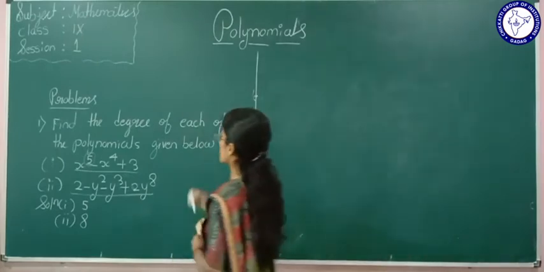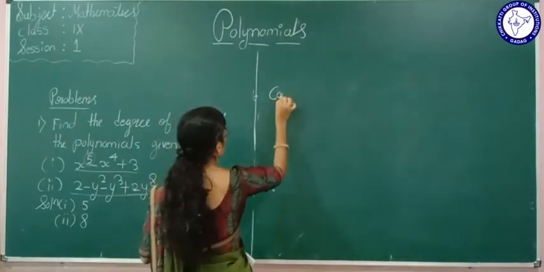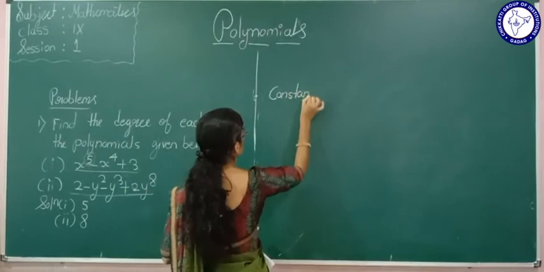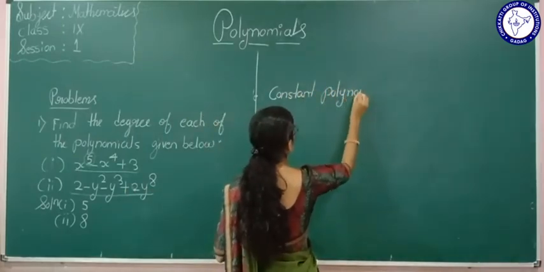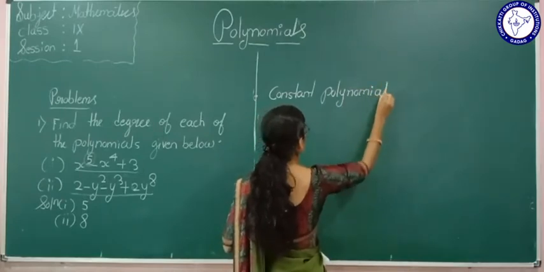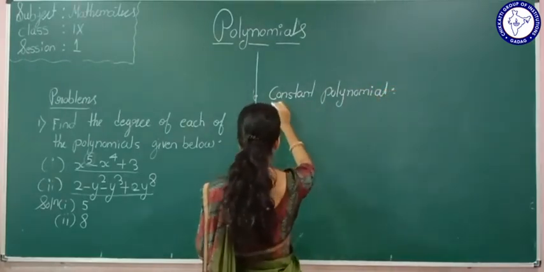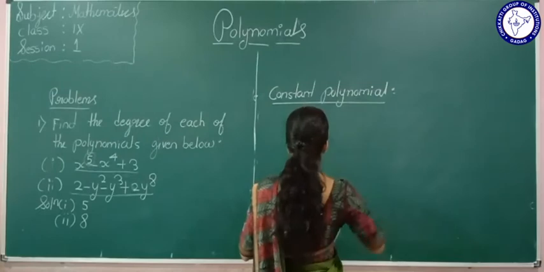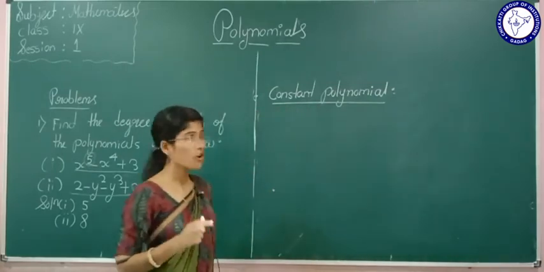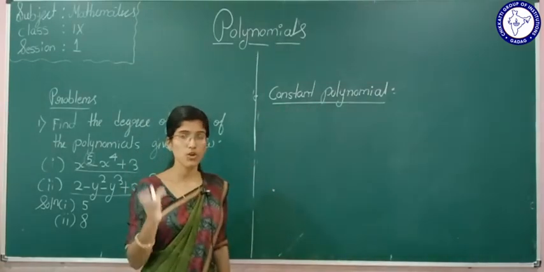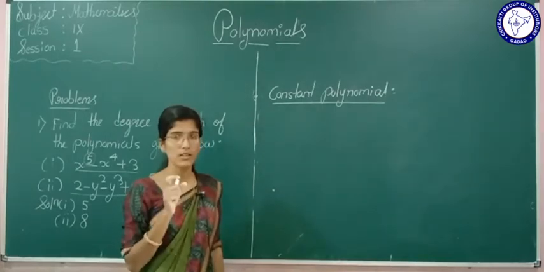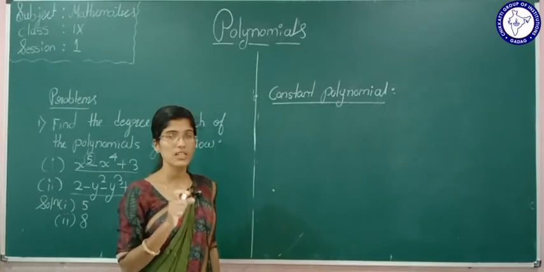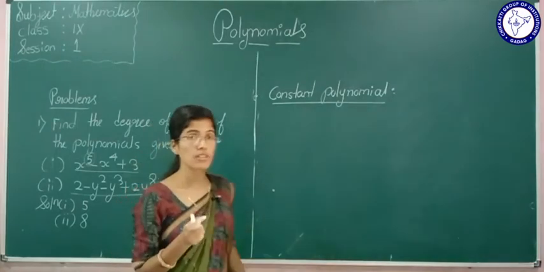So the next definition is constant polynomial. Constant polynomial means a polynomial containing one term consisting of a constant term.